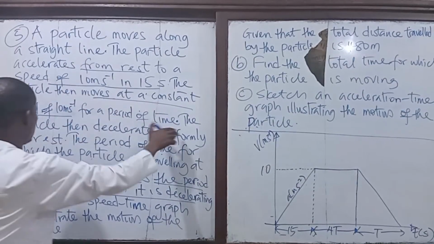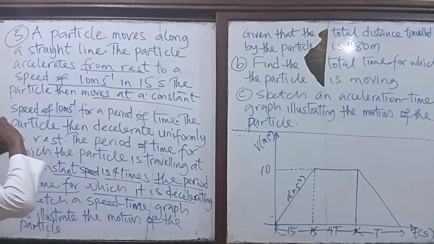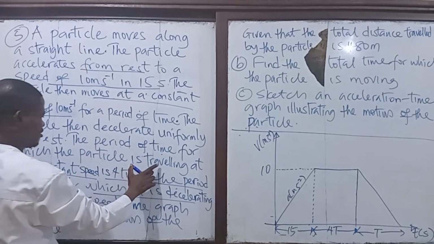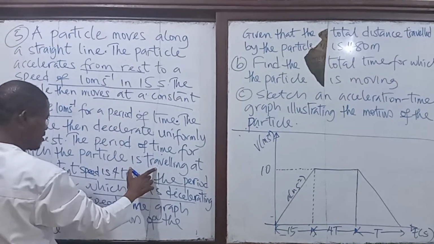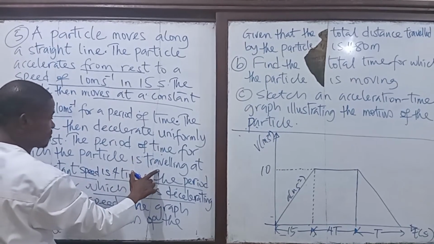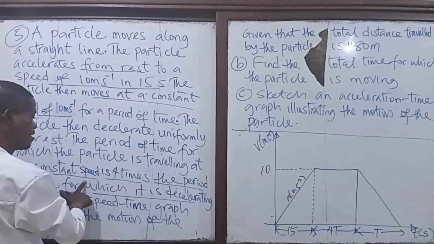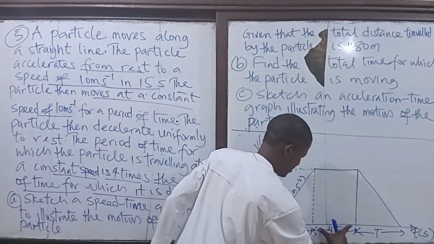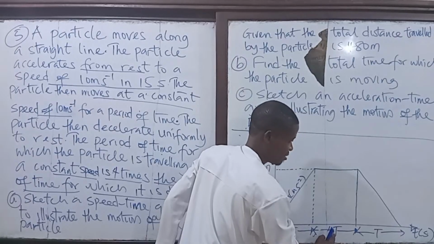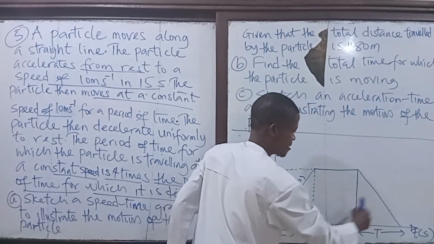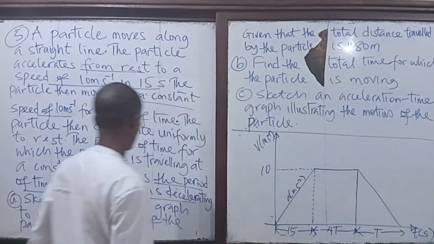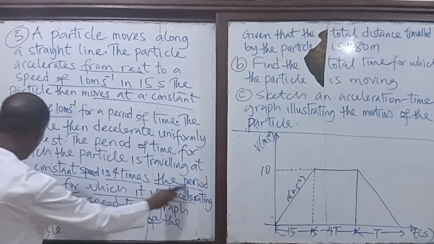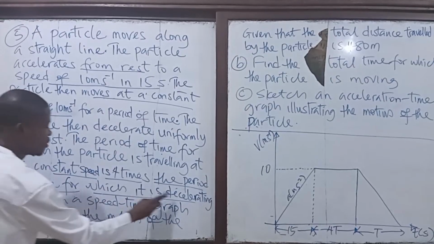Again, the period of time for which the particle is traveling at the constant speed is 4 times the period of time for which it is decelerating.